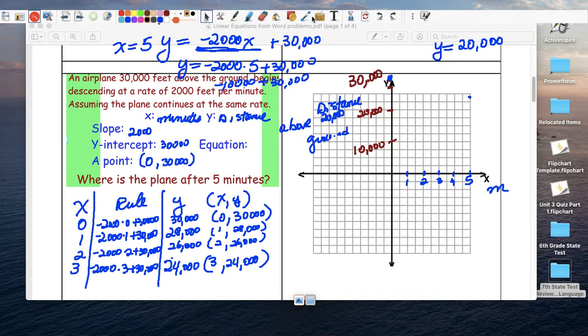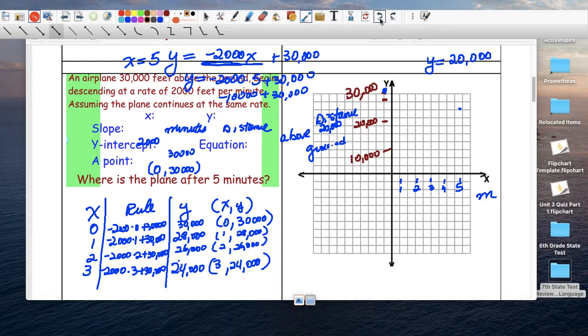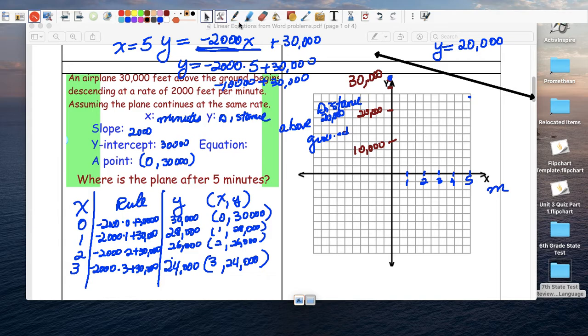Let's see if I can connect the dots properly. Okay, so this. Something like this. Let's see if I can now move the line. There we go. It's a little better. And at 5,000, he is at 24,000, and 24,000 should be just a little bit under.